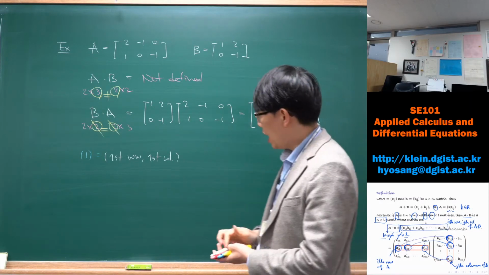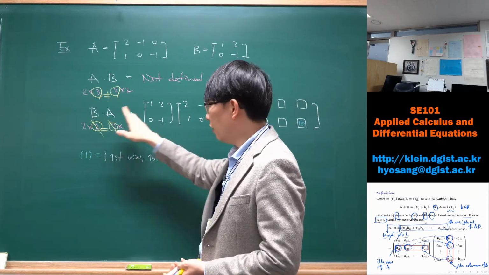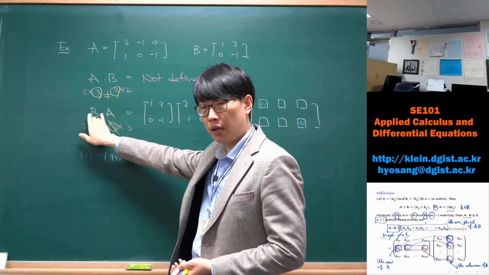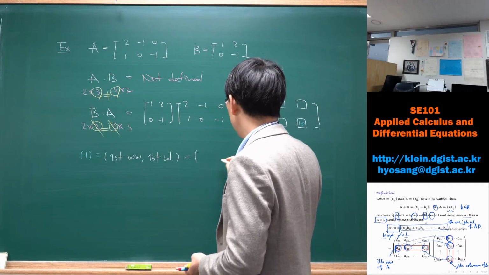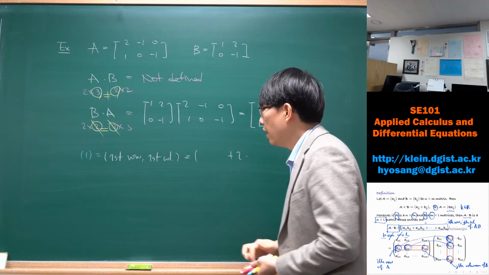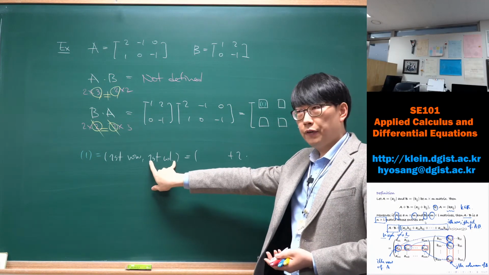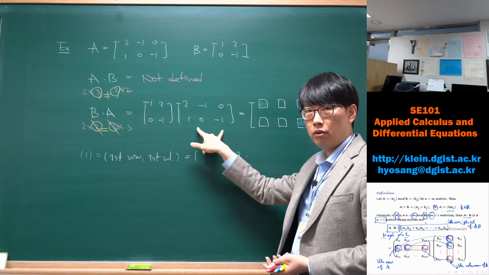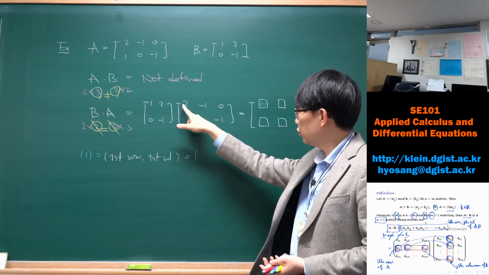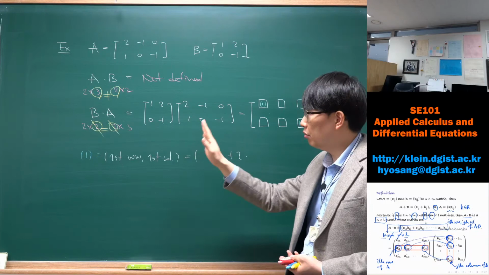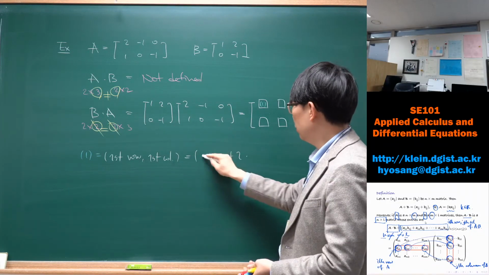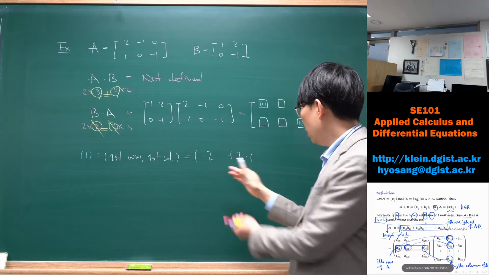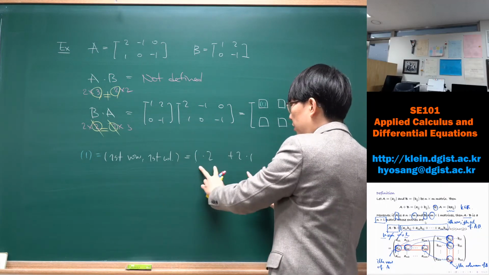So I have to take the first row of the first matrix in the multiplication, which is 1, 2, and take the first column of the second matrix in the multiplication, which is 2, 1. You always have to read from the left and read from the top. So 2, 1. And then multiply pairwise and add them together.